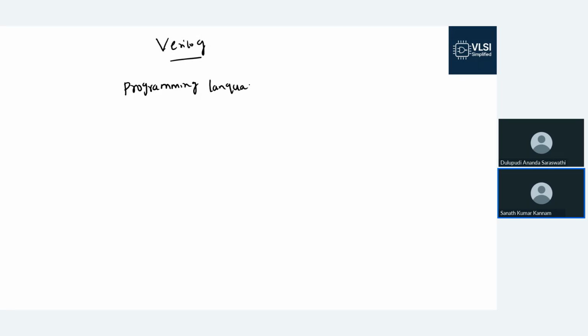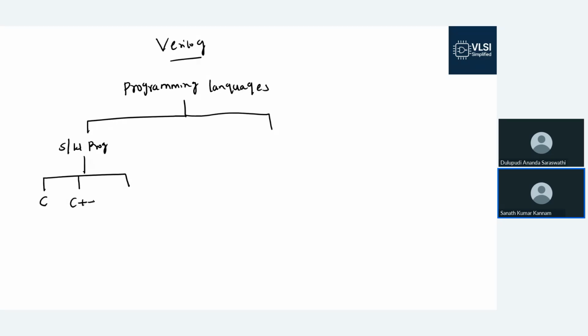One is software programming languages. The software languages you'll get are C, C++, Java, and Python.